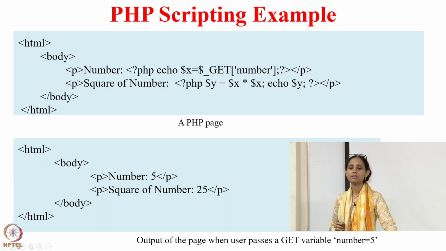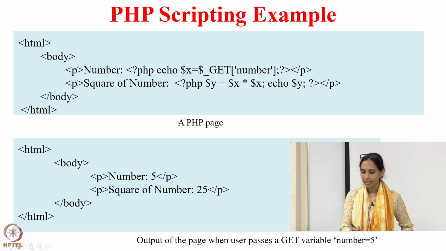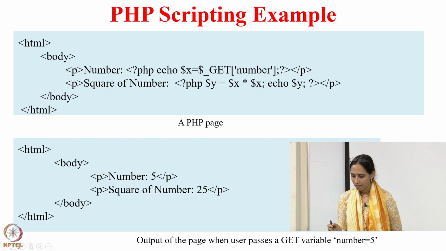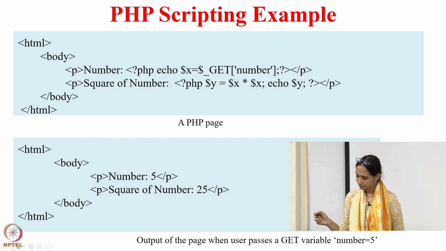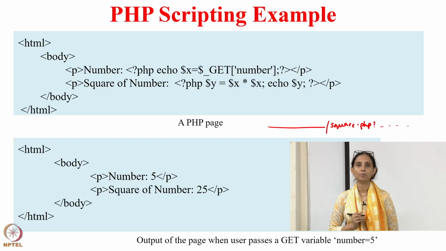So for example, this is an example of a PHP scripting example, where if you write HTML like this, where it is saying that, so here for example this could be some script. So let me call this script square.php. So there will be some URL /square.php, some question mark, and then there will be some input.